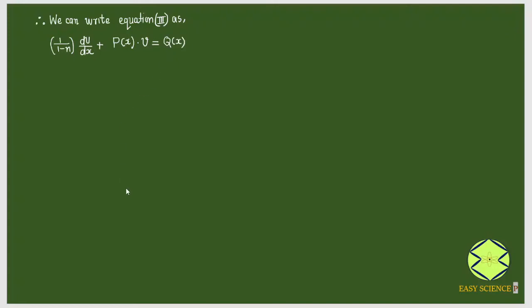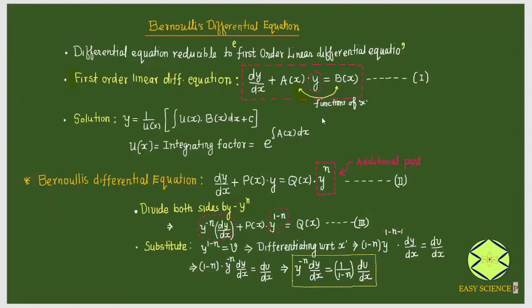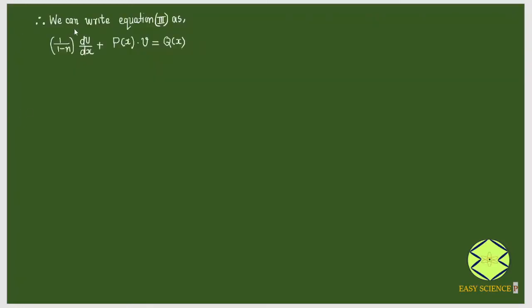So let me modify, because if you look at a linear differential equation of first order, with dy by dx we don't have any factor; dy by dx is an individual term. So I'll try to make dv by dx alone.